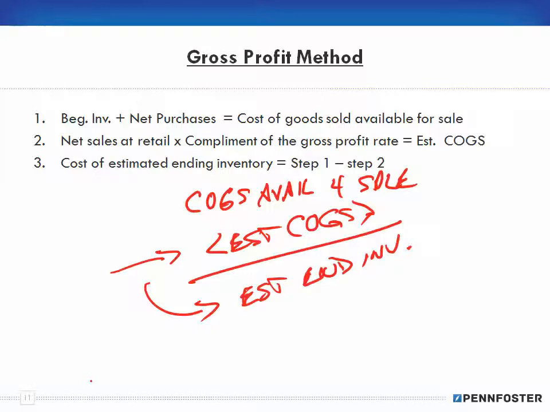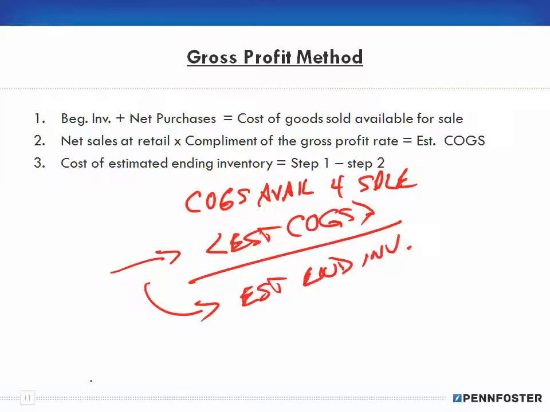Whichever way that happens determines which method you're going to use. The problems in the book will tell you which one to use, and if it doesn't, whatever information is provided, it's going to be up to you to know what to do with it.